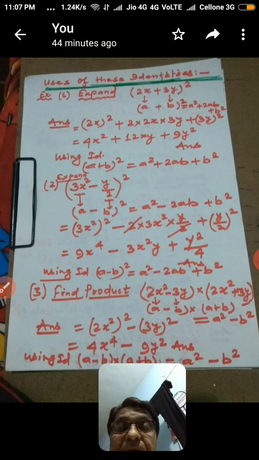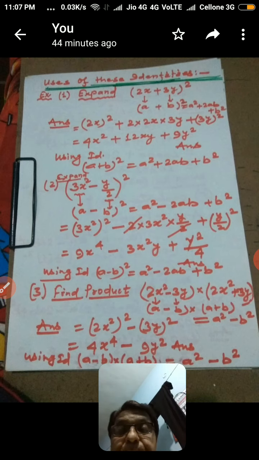Then if you see both brackets, you have the form (a - b) into (a + b). You know, when (a - b) and (a + b) are multiplied, the result is only two terms, a square minus b square. So since your question is based on (a - b) into (a + b), your answer should be a square minus b square.